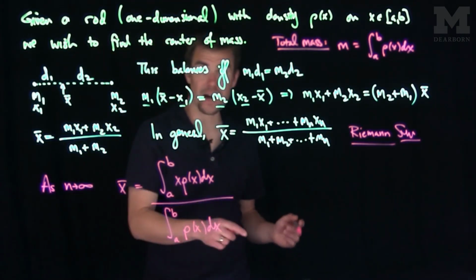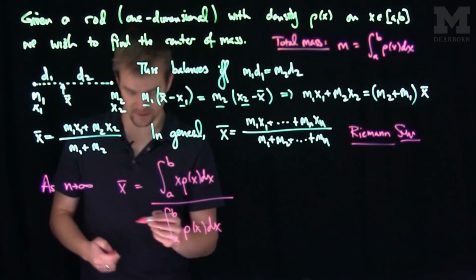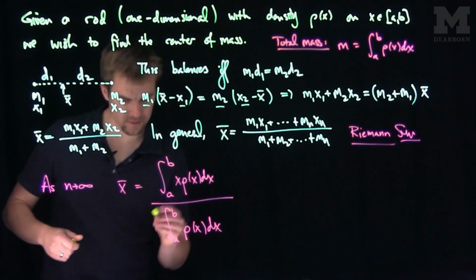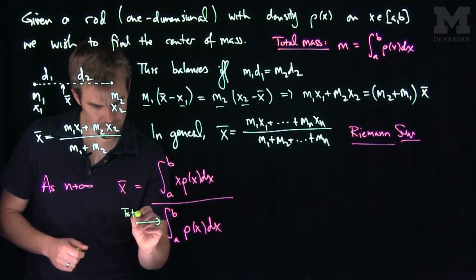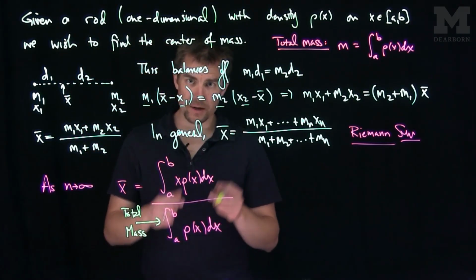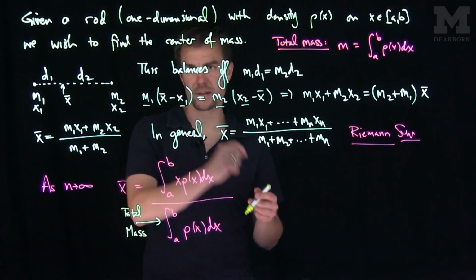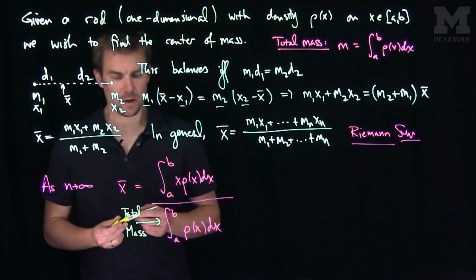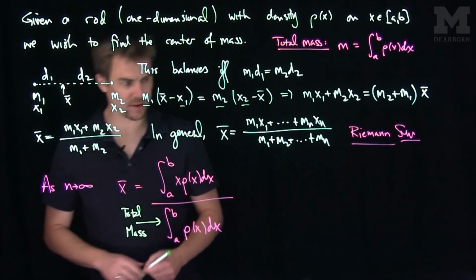We see that the denominator is exactly just the total mass. And what this is over here is the form of an expected value. It has x times the density. So this gives us a formula for the center of mass.